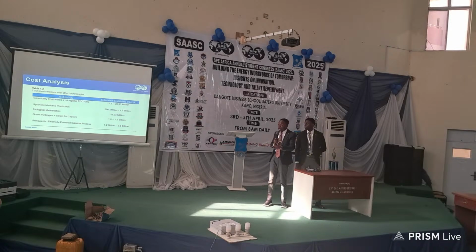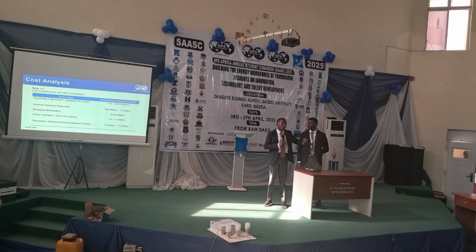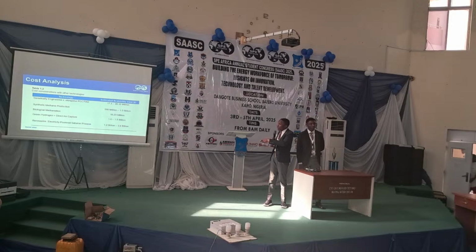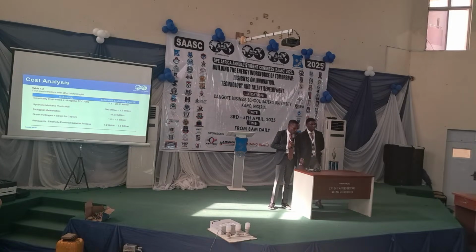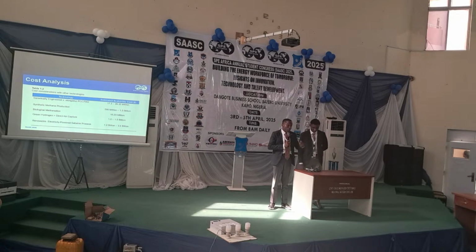The same with biological methanation, whereby they make use of microorganisms. The same with green hydrogen from renewable energy and direct carbon capture, and with renewable electricity through the Sabatier process. We are incorporating these mechanisms because they all produce zero carbon methane.